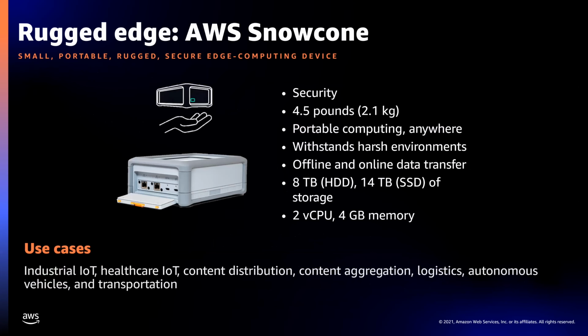So it's a much smaller footprint, but it allows you to do portable computing from smaller locations at the price point you might need for a specific use case. It's built with the same rugged technology and security as the Snowball devices, but comes in a much lighter footprint.